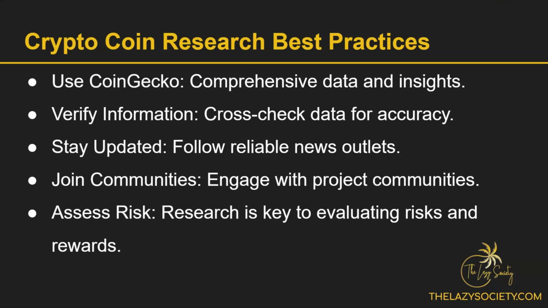That information is there, so it's a really good tool to use. Verify the information so you can cross-check the data for accuracy. That is a key thing. Although you have a look at CoinGecko, you should do your own research and check it out yourself, going through all of the information.